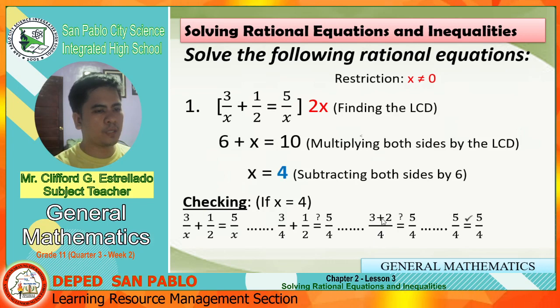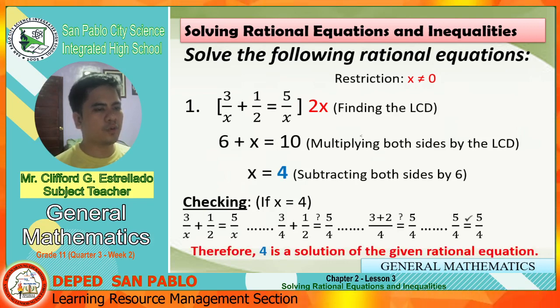So we have 3 plus 2 in our numerator, which is equal to 5. Then the denominator is 4, so we have 5 fourths is equal to 5 fourths. Since after doing the checking it gives us a true statement, therefore we can say that x is really equal to 4. In other words, the solution of 3 over x plus 1 half is equal to 5 over x is 4.